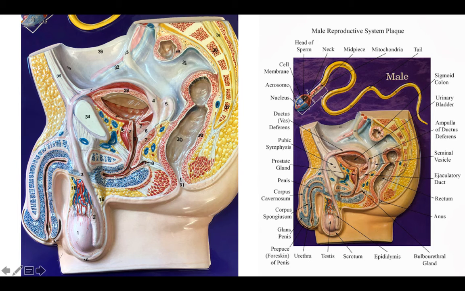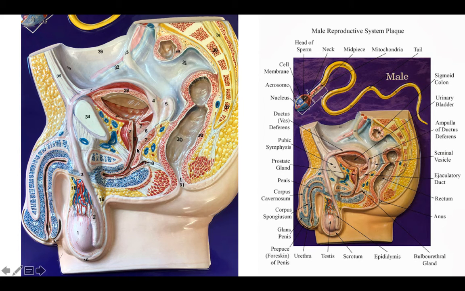So then we have the prostate gland here. Here's the lovely prostate gland. Sometimes people call it chestnut shaped or walnut shaped. I don't know why, but that always seems to be the description for the prostate gland. And it's interesting because it encircles the urethra, hence the name prostatic urethra.